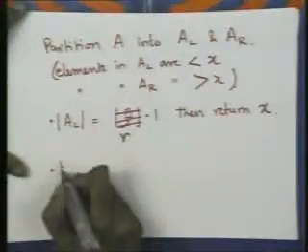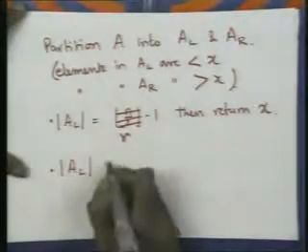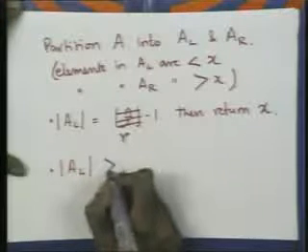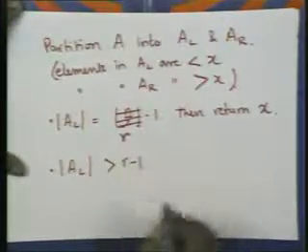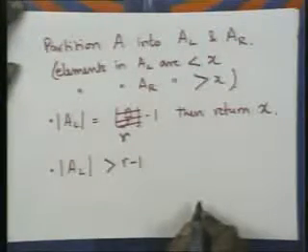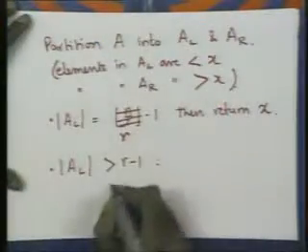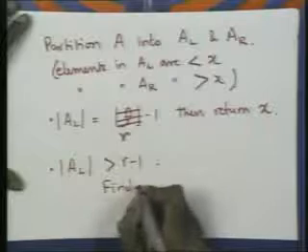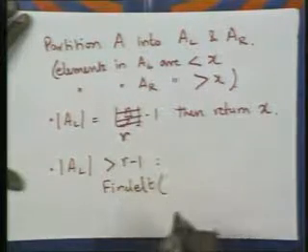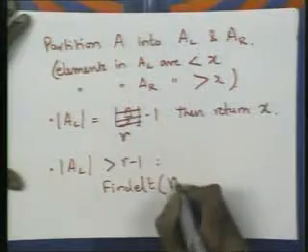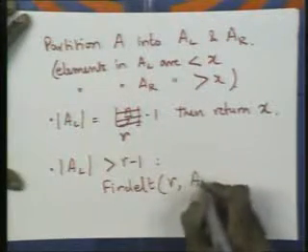If the size of AL is greater than R minus 1, then we know that the element of rank R sits in array AL, so we recurse on AL. So we say find element, since we still want an element of rank R, and we now recurse on AL.